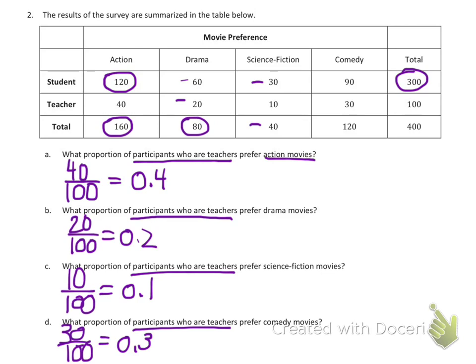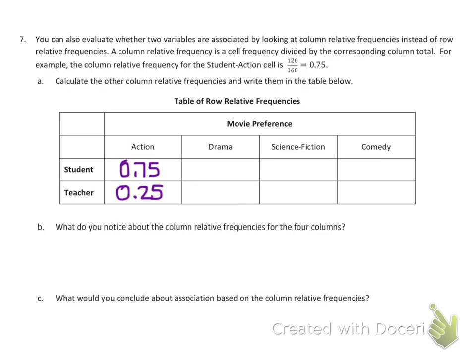Okay, and that's going to hold true. Look, it's holding true for every row. 90 over 120 is 0.75. 30 over 120 is 0.25. And same thing with our totals. 300 out of 400 is 0.75. 100 out of 400 is 0.25. So what you're going to end up with here is this.